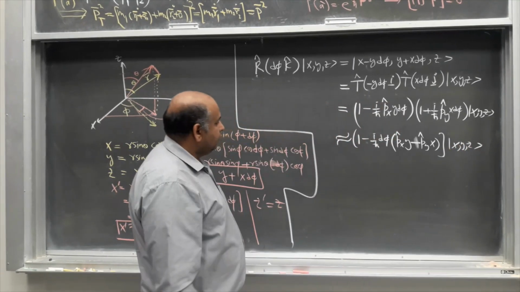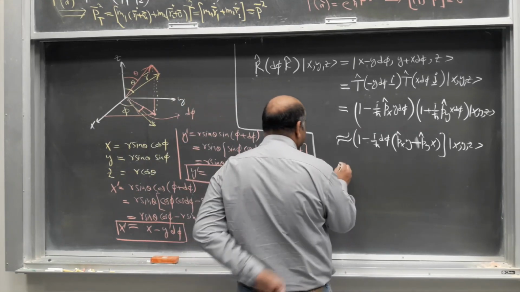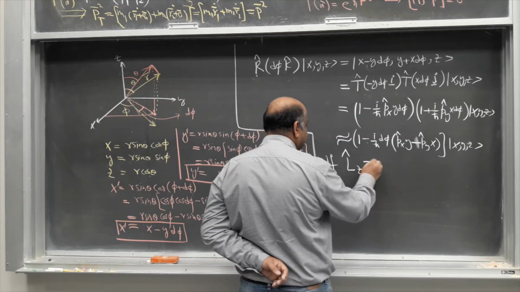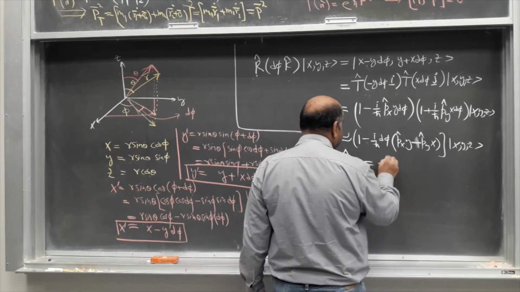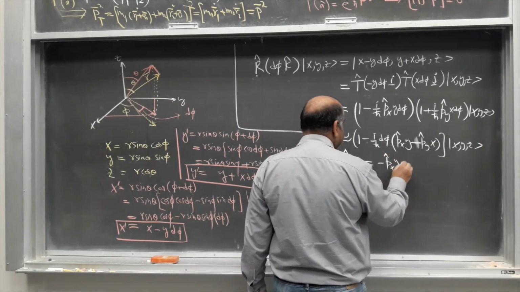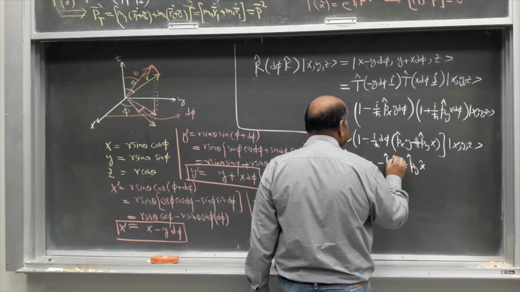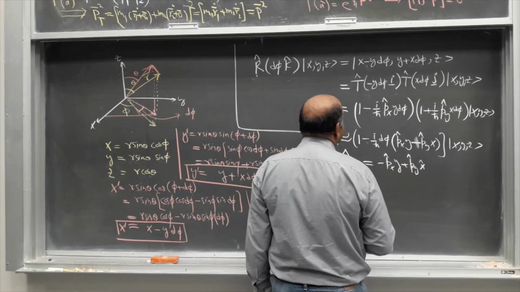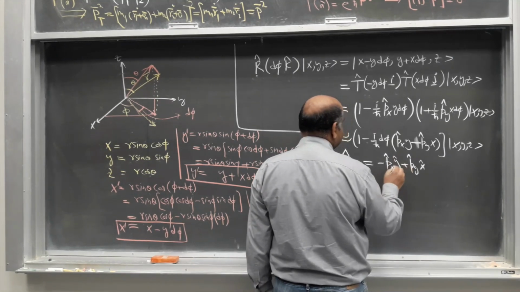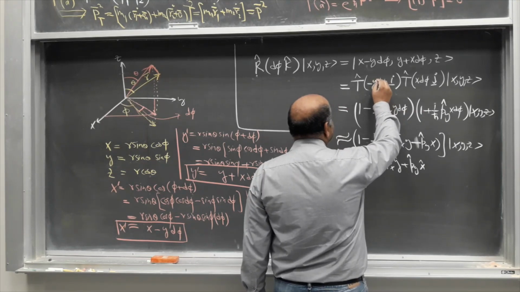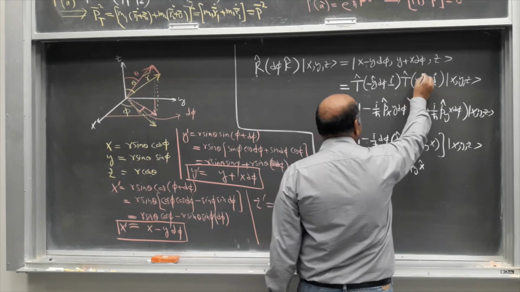If I define another operator, let's call it Lz, such that Lz is minus p x y plus p y x. It's better if you put the operator notations consistently here.